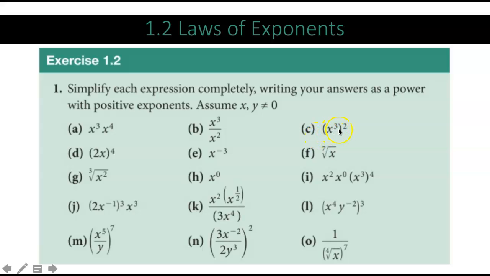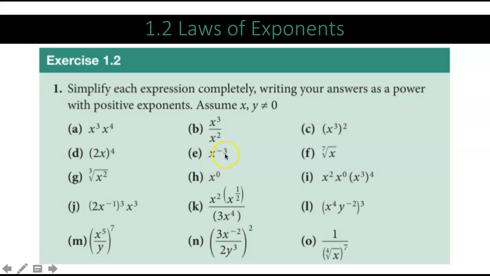Part C, power to a power, you multiply the powers, so x to the 6th power. Part D, in parentheses, 2x to the 4th power, 2 to the 4th power, x to the 4th power. 2 to the 4th power is 16, so 16x to the 4th power.